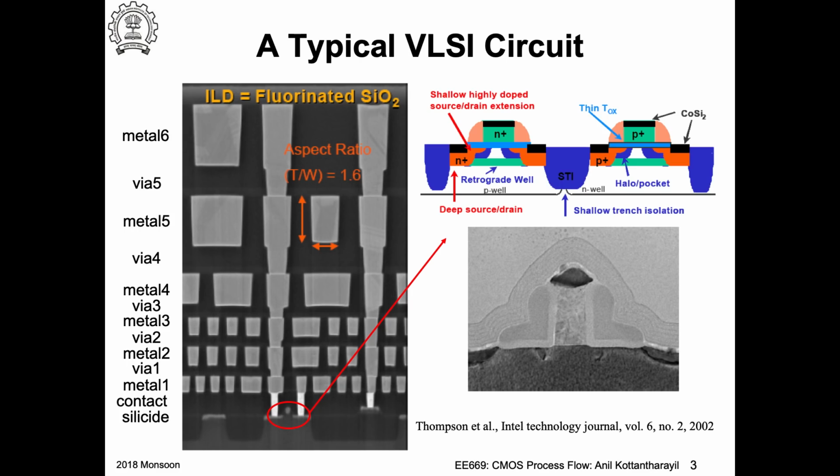Now, this is something that you have already seen. So if you take an IC and then cut this up and look at it using an SEM, you would find the image that you see on the left hand side. At the bottom of this, you can actually see these tiny little transistors.